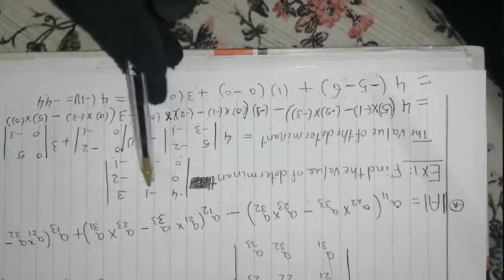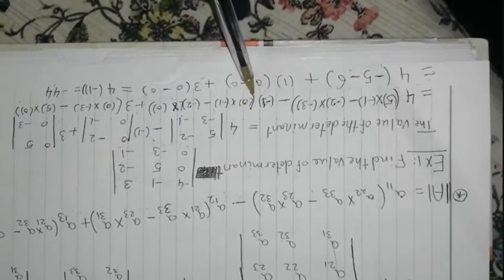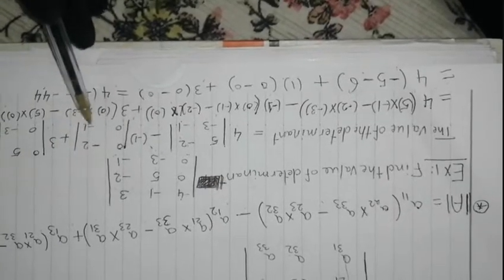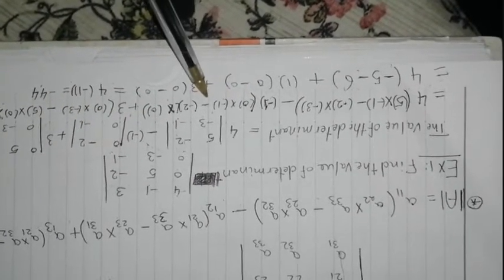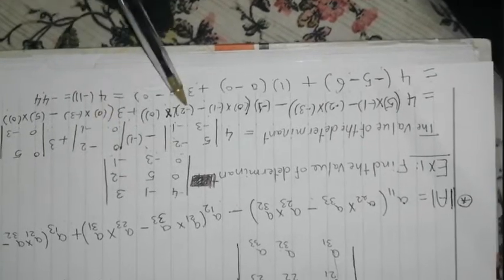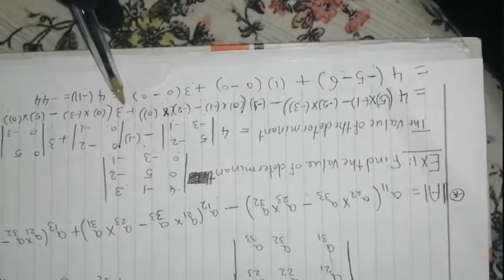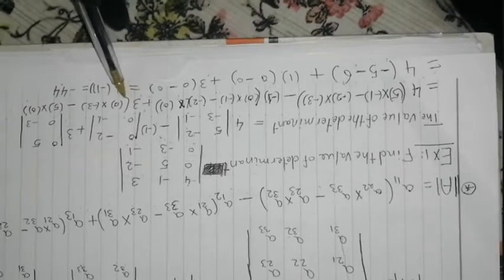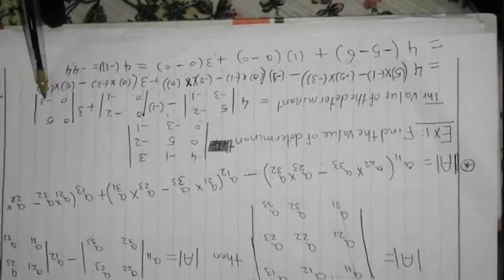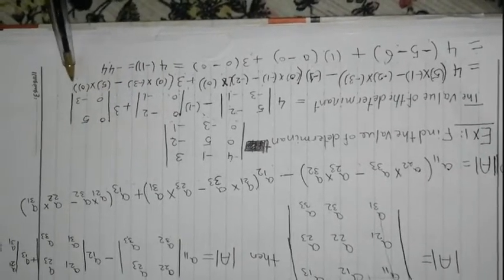This is the second element in the first row, times, open the bracket, the principal diagonal 0 and -1, the product of 0 times -1 minus the product of the other diagonal -2 times 0, plus the third element 3 times, open the bracket, the product of the principal diagonal 0 times -3 minus 5 times 0.